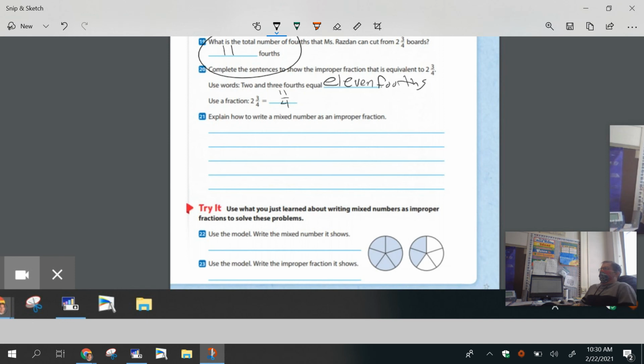When we just did, we broke the whole into a normal fraction, 4/4 and another 4/4. Okay. Then we just added those together. We got 8/4. Adding the 3/4, we got 11/4. Good, that works out.